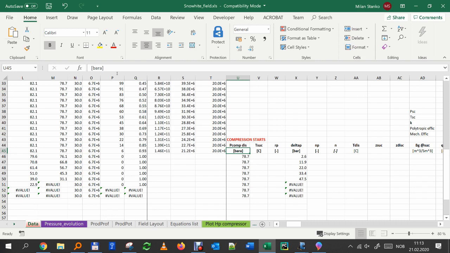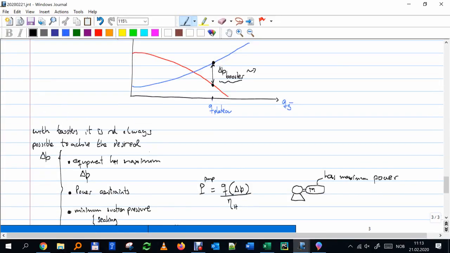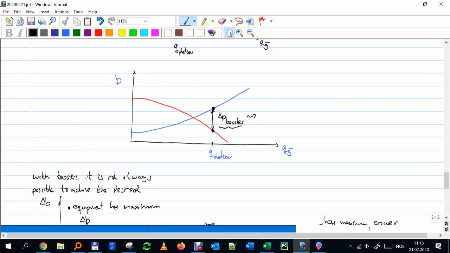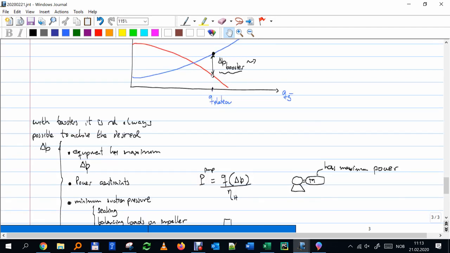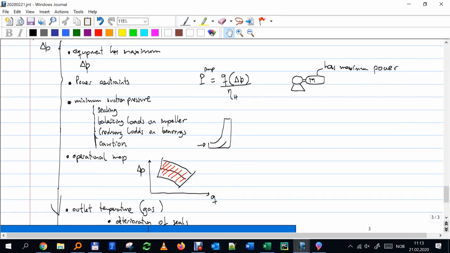So now let's go to our, now we said that's the first step, okay? We calculated these two with time. Okay? So now we want to see if we can produce with the compressor that this company provided, which is MAN, okay? If we can actually give that combination of rate and delta P, okay? With the power, all of these constraints.